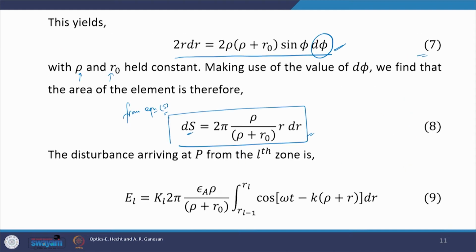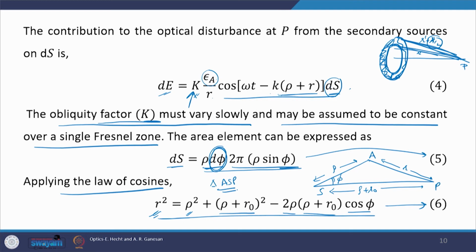Now, the expression of the field is given here, equation number 4. The value of ds is substituted in equation number 4, and equation number 4 is written for some area element ds. Now, we assume this area element, as I said before, is the Lth Fresnel zone or Lth half period zone.